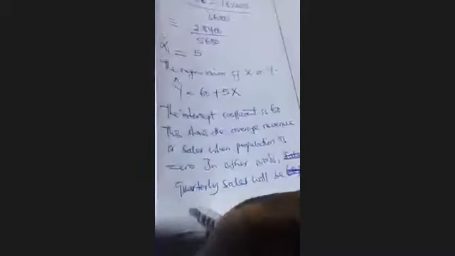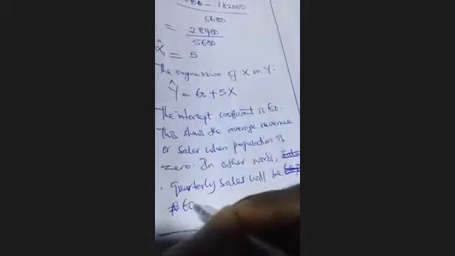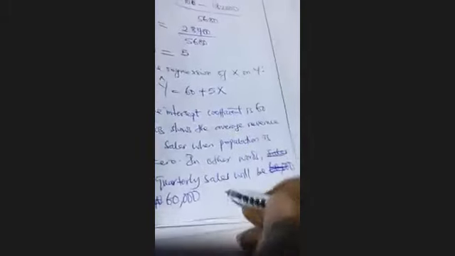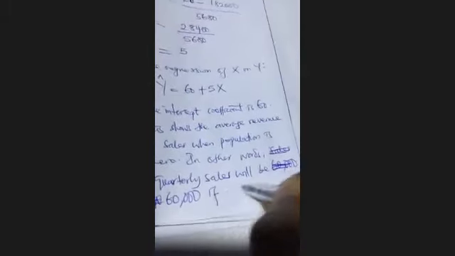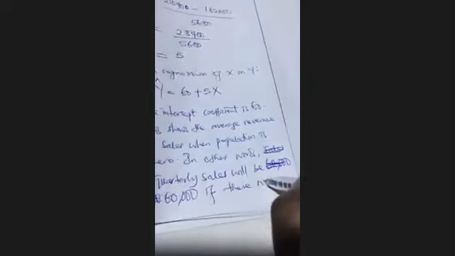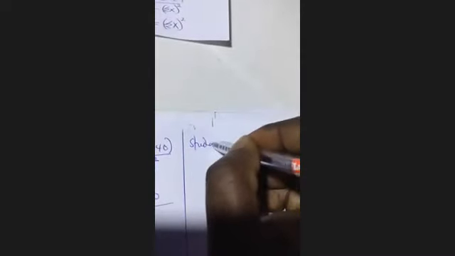Let me do it very well. It will be 60,000 naira. You multiply this 60 by 1,000, with 60,000 naira, if there is no student population on campus.